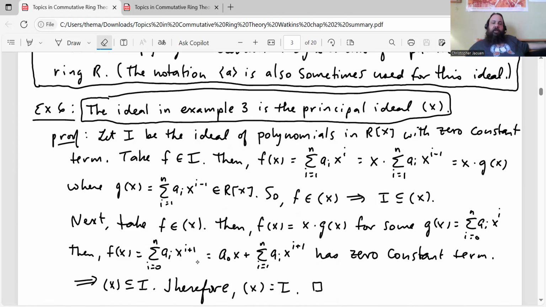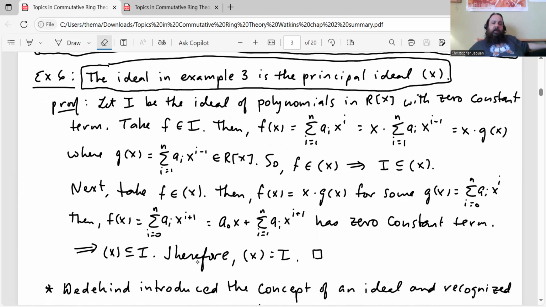Which is x times g(x), where g(x) is this polynomial here. Notice that's an element in R[x]. So f is an element of the principal ideal generated by x, implies I is a subset of that principal ideal.